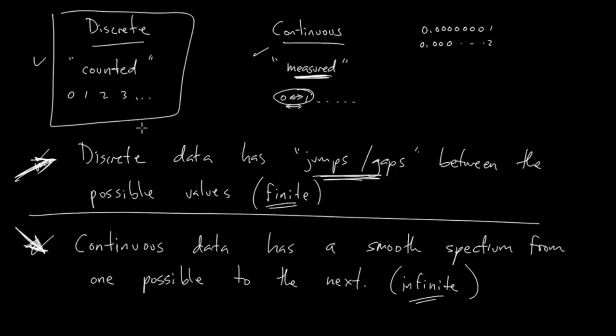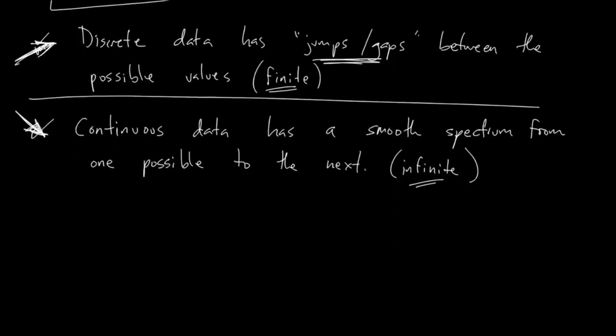Let me give you an example where discrete can have decimals, but it'll still make sense that it should be discrete data. Let's say, for example, that there's a store that sells only two items. They sell pop, and pop costs $2, and they sell gum, and gum costs $1.50.